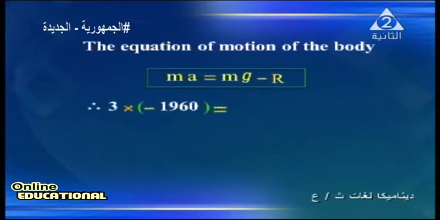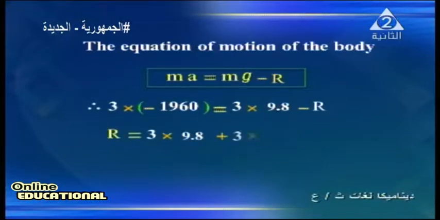Then the mass equals 3, multiplied by the acceleration, which equals negative 1960, equals m, the mass of the body, 3, times g, the gravity, equals 9.8 meter per second squared, minus r, which is the resistance of the sand to the body.